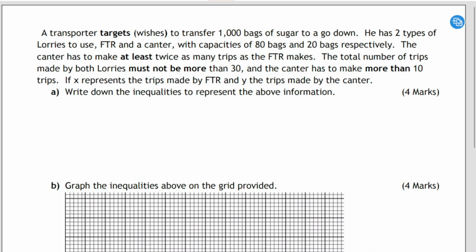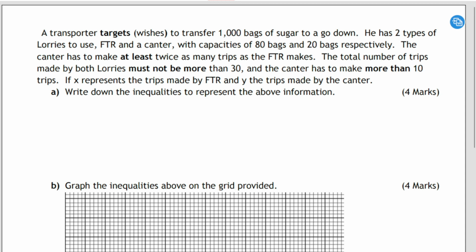The inequality symbol we're supposed to insert there, because he has 1,000 bags of sugar to transport, is that either he transports less than 1,000 or equal to 1,000 bags. It cannot exceed. The FTR and the canter cannot transport more than 1,000 because the bags available are 1,000.